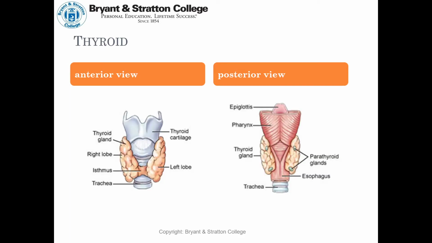So, the thyroid is interesting because it has a set of what's called parathyroid glands. These are also endocrine tissue. They're four separate glands, and they literally sit on the back of the thyroid. And what parathyroid glands do, and they're highly specialized for this, they are primarily responsible for maintaining calcium balance in the body.